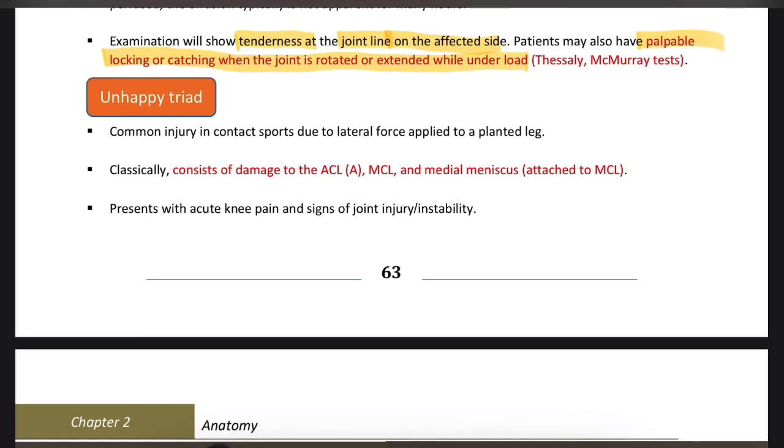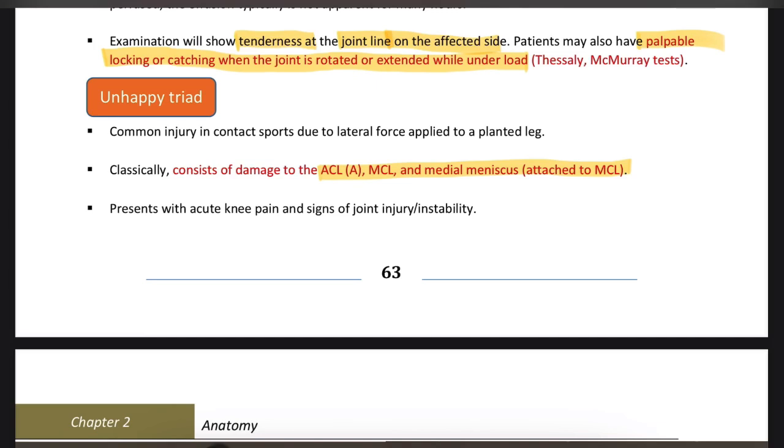What presentation can we see in an unhappy triad patient? First, acute pain, instability and some swelling, and in special tests we can see a positive Lachman test, valgus test and McMurray test.